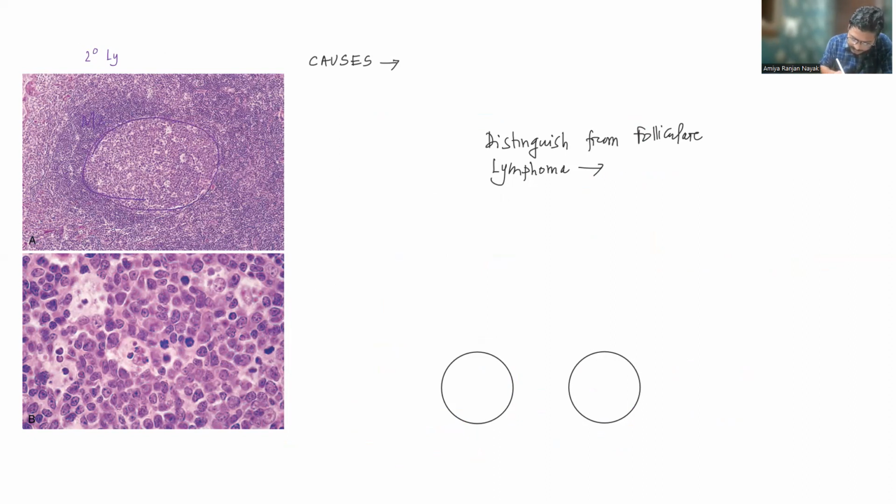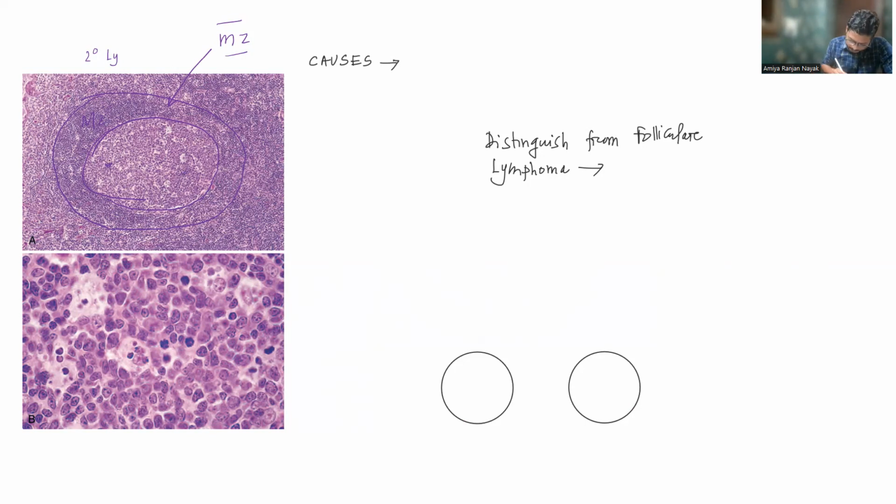Of course, this entire area is the germinal center, and surrounding the germinal center you can see there is a darker zone. This is the mantle zone. You can also appreciate that inside the germinal center, this area is slightly darker compared to this area.